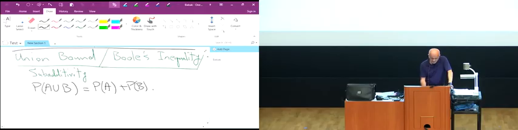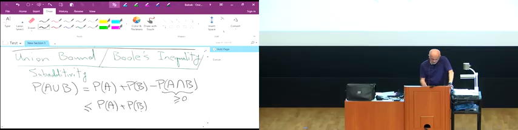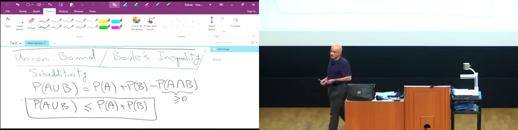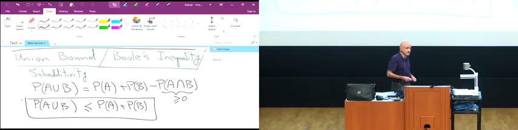Probability of B minus the probability of A intersect B. Now you know that the probability of any event is always non-negative, so this simply means that the probability of the union of A and B is always less than or equal to the probability of A plus the probability of B. This is simply the union bound or the Boole's inequality or the subadditivity property articulated for the case where you have only two sets.